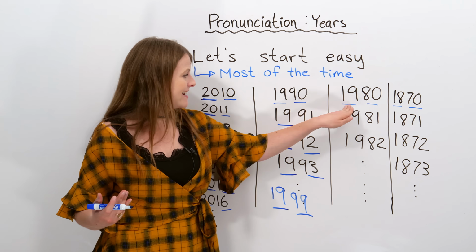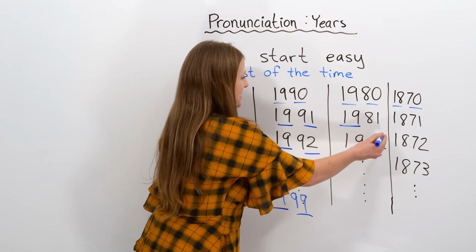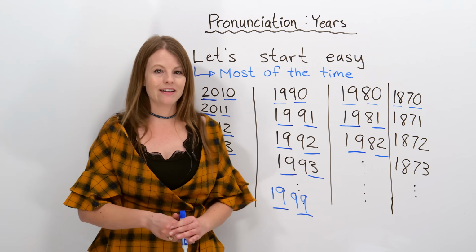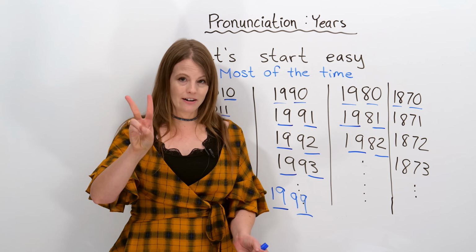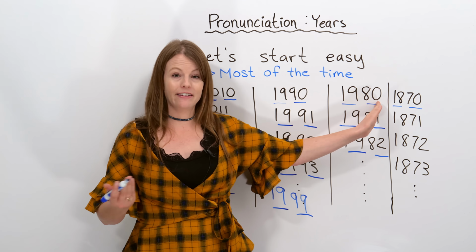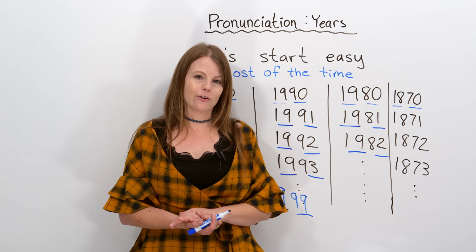We can actually say nineteen eighty. This is nineteen eighty-one, nineteen eighty-two, and so forth. So again, you have two parts. You have the nineteen, and then you have the other part of the year, eighty, eighty-one, eighty-two, eighty-three, and so forth.